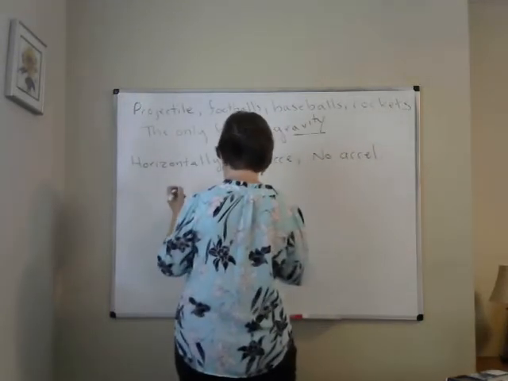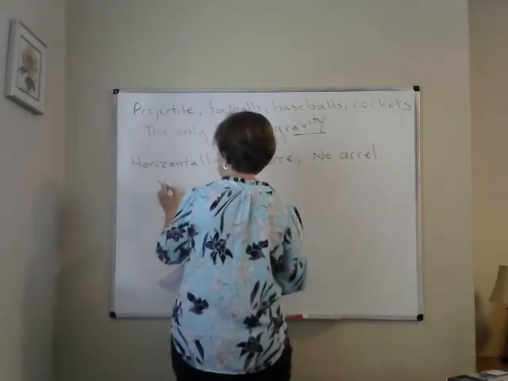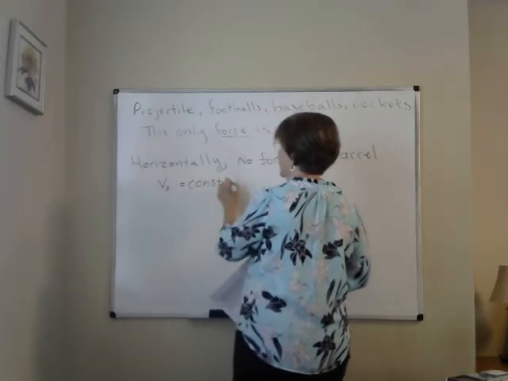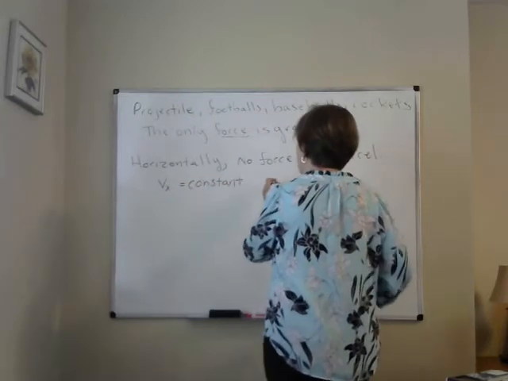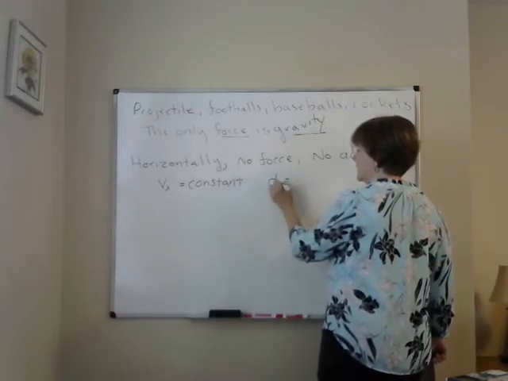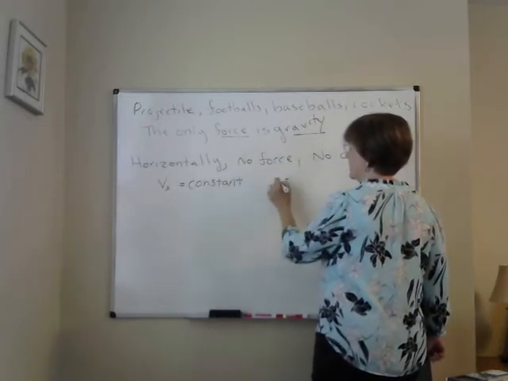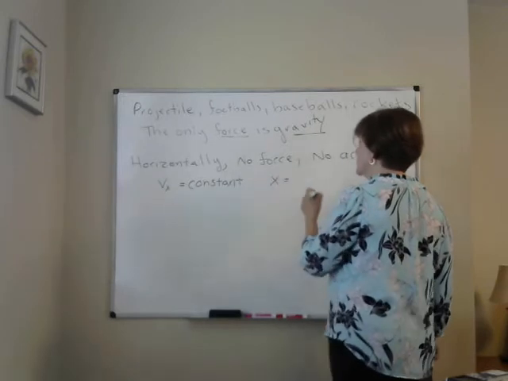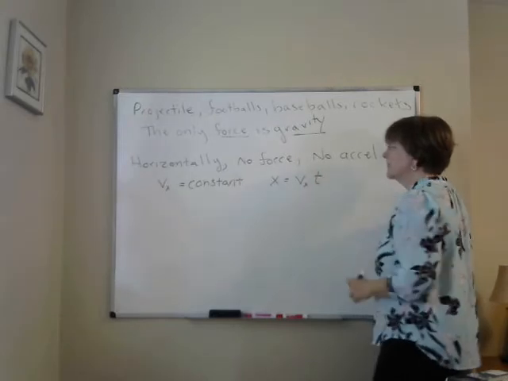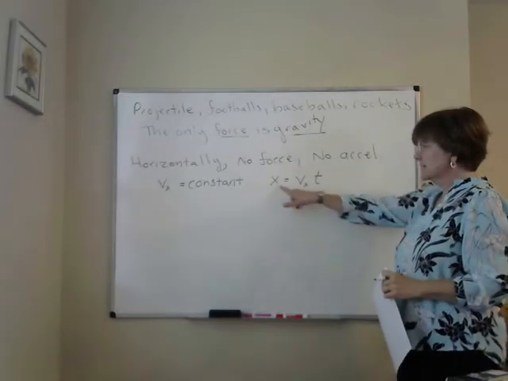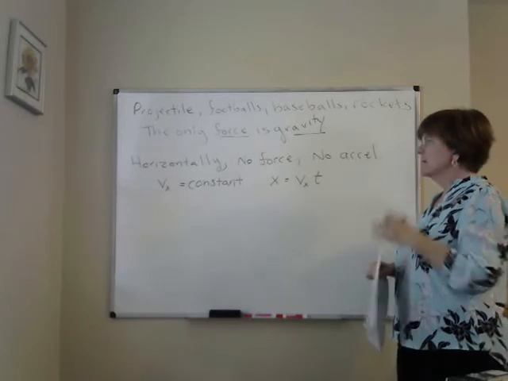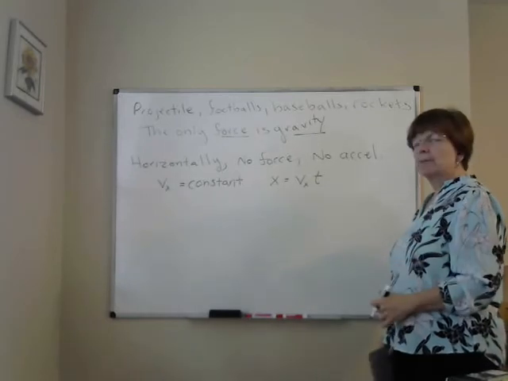It doesn't increase, it doesn't decrease. And the distance traveled horizontally, I usually use an X for horizontal distance, is just going to be the horizontal velocity times the time. That's distance equals velocity times time, but now I'm using X for the distance. That's what happens horizontally.